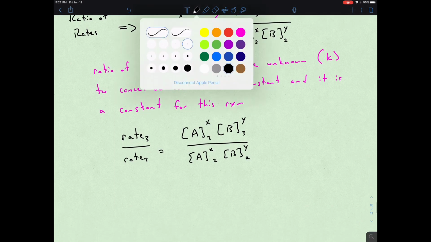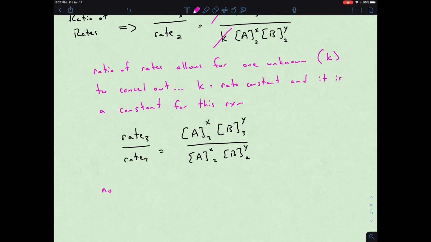And so now what we want to do is substitute in values from the table and solve for one of the orders.